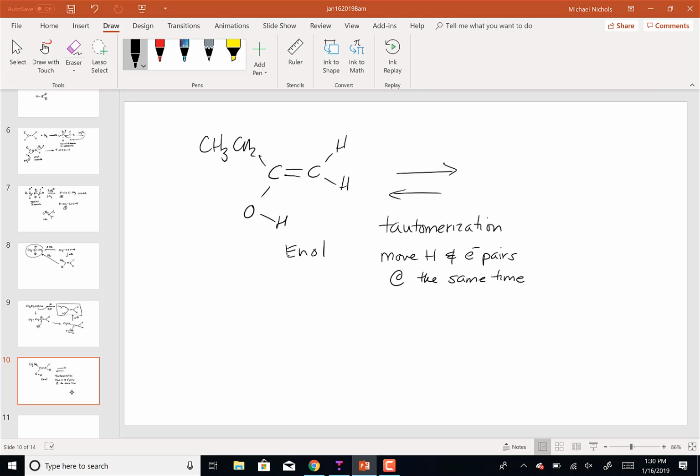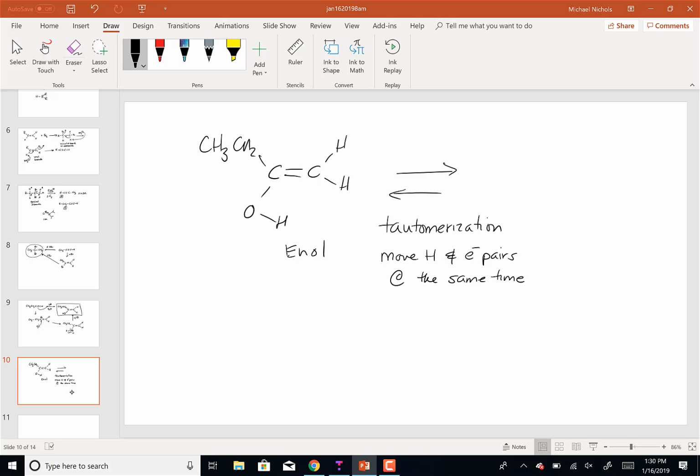So it's a simultaneous movement of hydrogens and electron pairs. This is not forming a resonance structure, because the rule about forming resonance structures is you're not allowed to break bonds. And this process breaks and makes bonds.